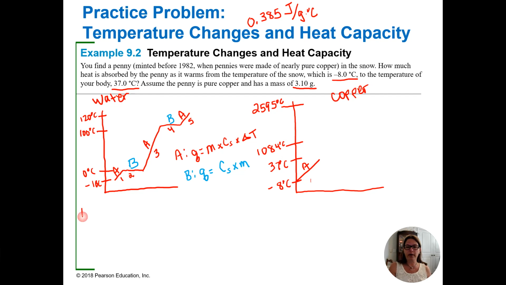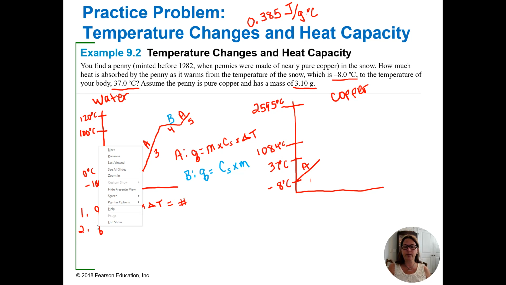So for step 1, we would use Q equals M times the specific heat times the change in temperature. Then we would calculate, and this would give us a number. Then for step 2, we would use B, the mass times the specific heat, and that's going to give us some number.